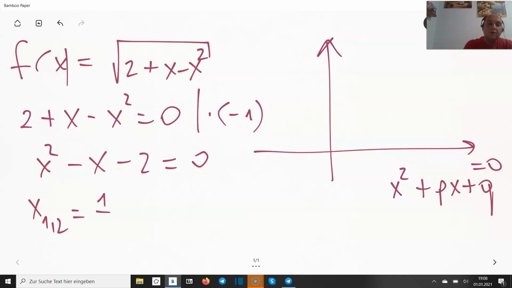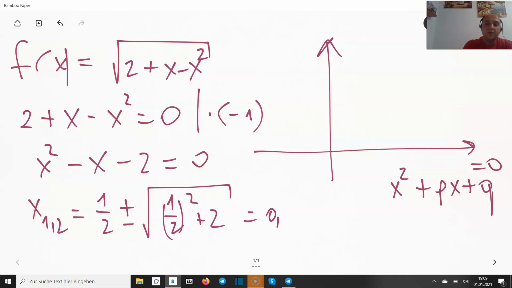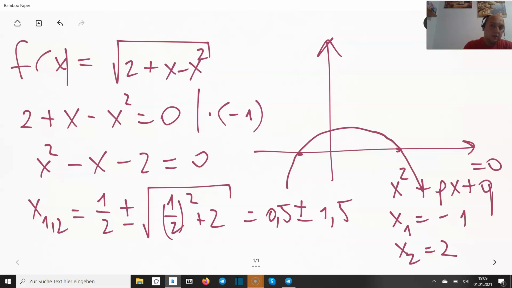So a half plus minus the square root of a half squared plus 2, which means we have 0.5 plus minus the square root of 2.25, which is 1.5. So that means x1 is minus 1 and x2 is 2. So minus 1 and 2, and it looks like that.